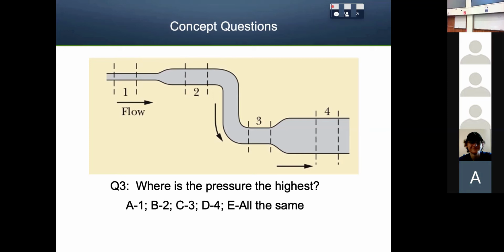We did a visual example where when the streamlines come together, that means high velocity but low pressure, and when they diverge, that means low velocity and high pressure. So that's another argument for 4. The visualization of the streamlines is not a bad picture to have in your head.